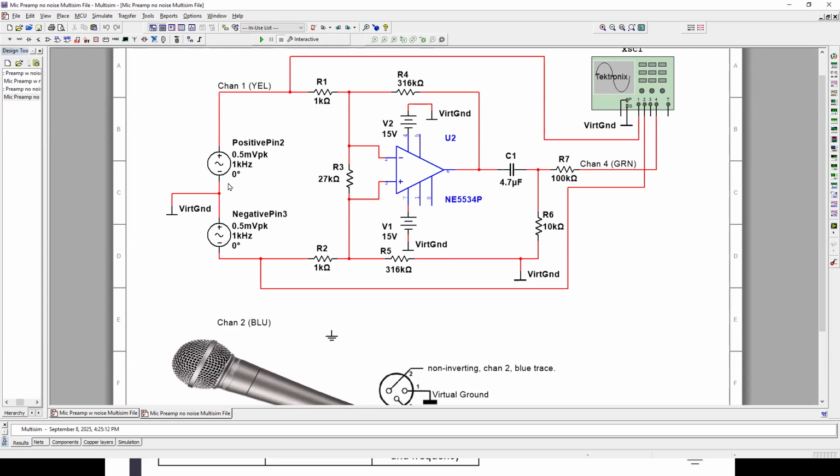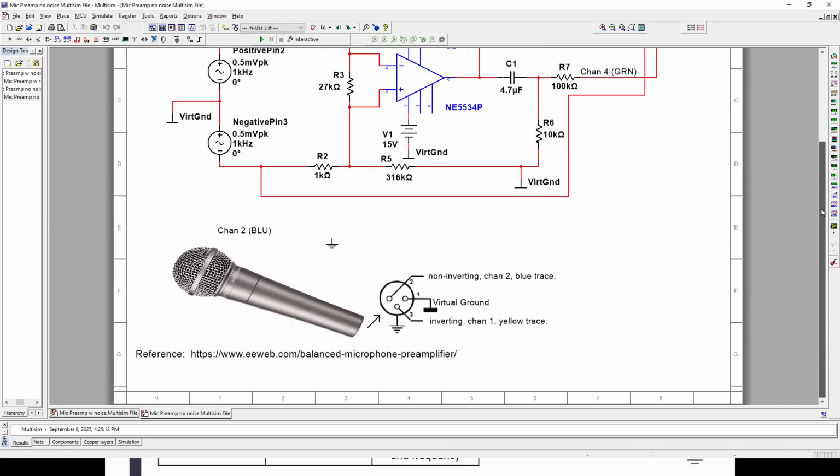And I drew two generators that are 180 degrees out of phase. This one gets this kind of waveform, and the other one gets the mirror image of the waveform. That is what happens on something called a balanced microphone.